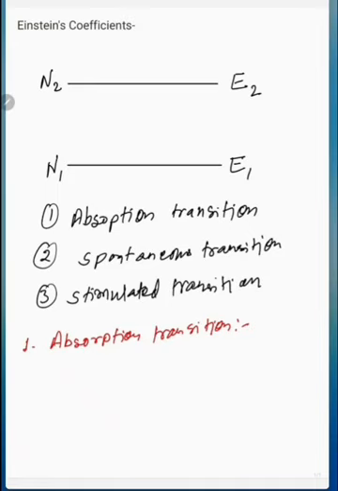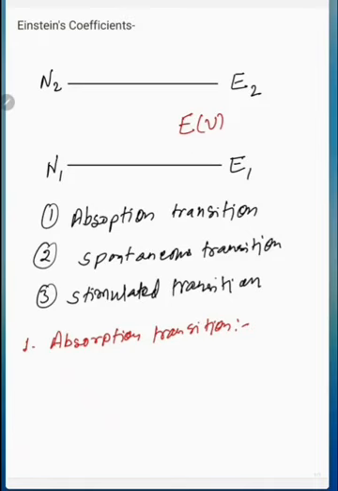So let us see here about absorption transition. Here we will see what the probability of absorption transition depends on. We can easily know that if this atomic system is placed in a radiation field of energy density E nu, then this absorption transition probability will depend on the number of atoms in the ground state and on the energy density.